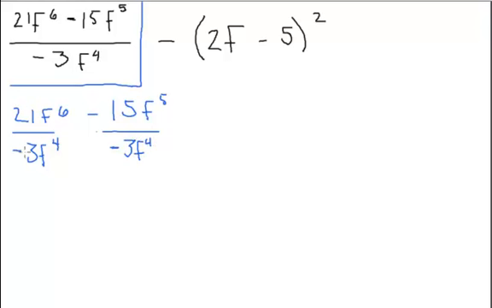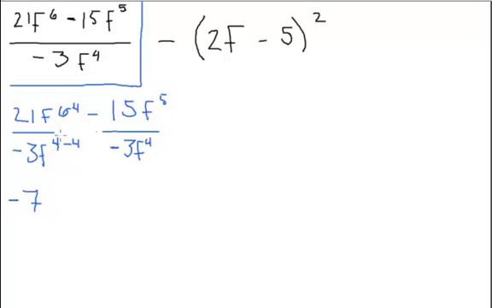And now let's work with the numerical coefficients first. 21 divided by negative 3. A positive and a negative is going to give me a negative. 21 divided by 3 is 7. I have an f^6 here and an f^4, and we subtract the exponents, because when you divide variables, you subtract the smaller exponent.